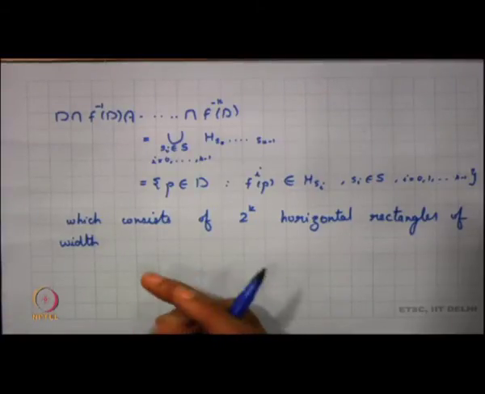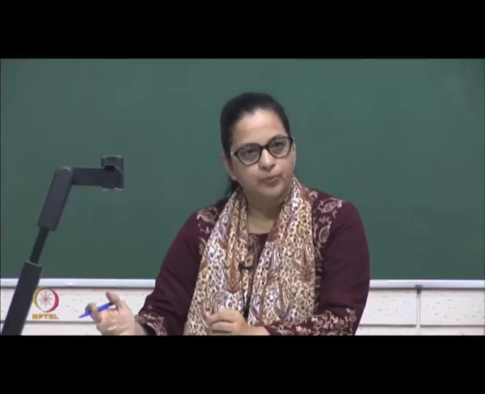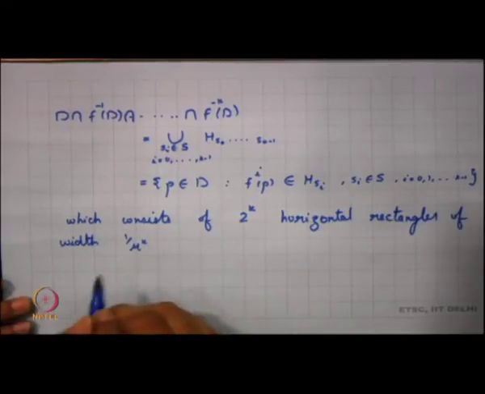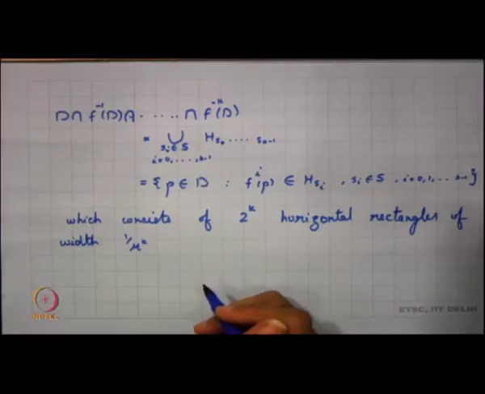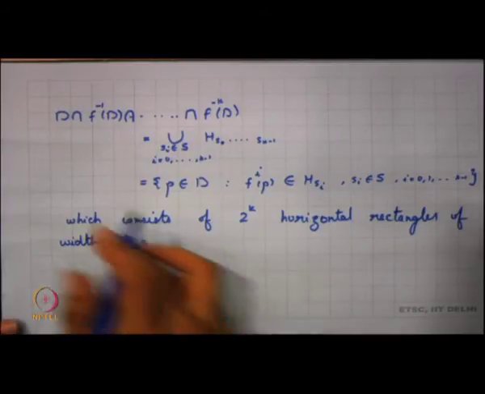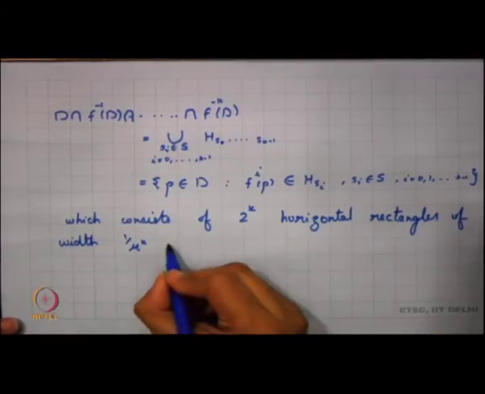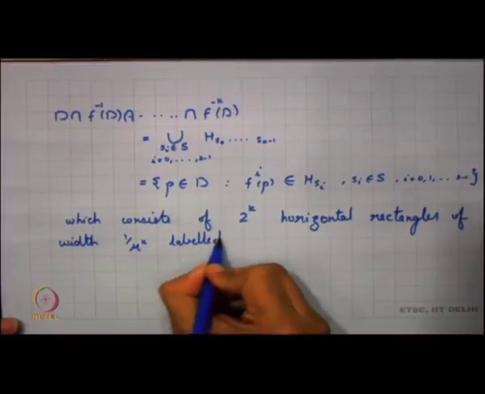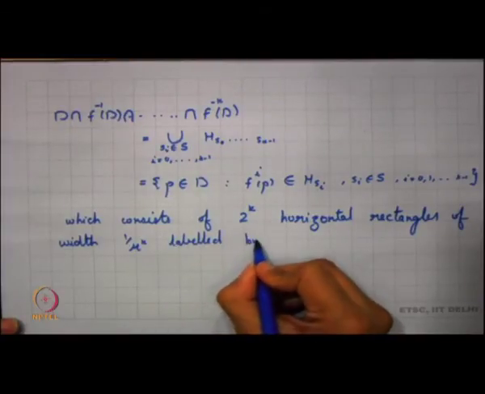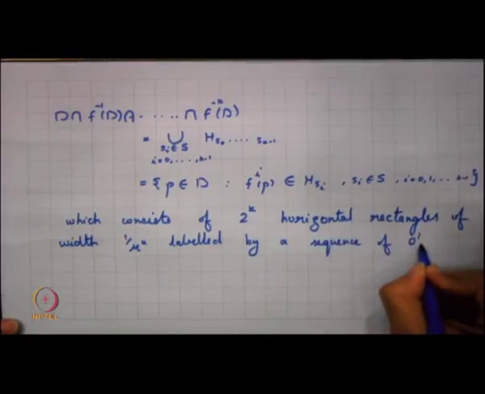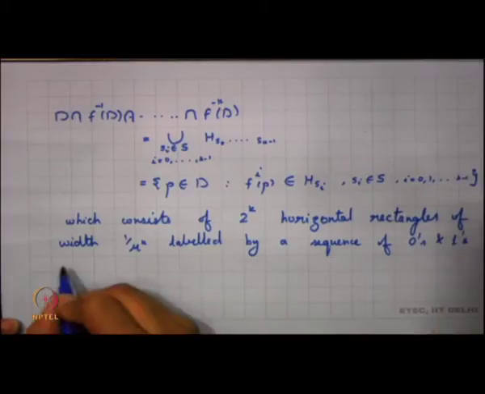Now, we know how F inverse maps, it goes to 1 by mu, and we have already started with mu greater than 2. So, at the kth stage my width happens to be 1 upon mu to the power k, and how is it labeled? So, we have 2 to the power k horizontal rectangles of width 1 upon 2 to the power k, labeled by a sequence of zeros and ones of length k.